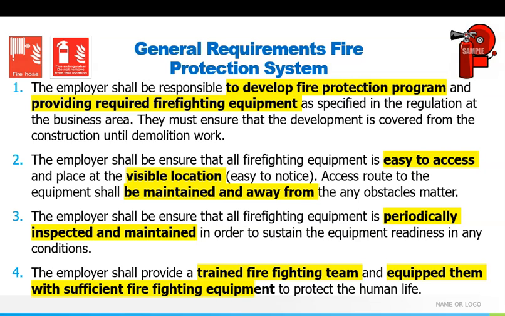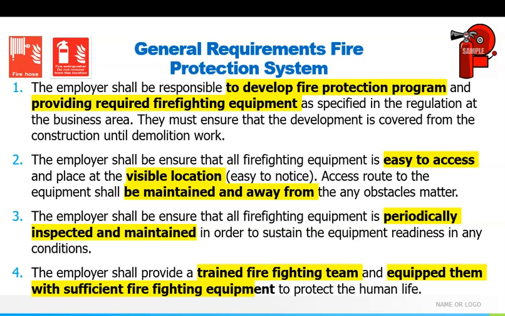So everyone must be aware and know about this, and they must provide the required firefighting equipment. And this must be covered even during construction. So it's not just when the building is ready, but before that, they make sure that they have the fire protection program and the firefighting equipment, even at the construction site.